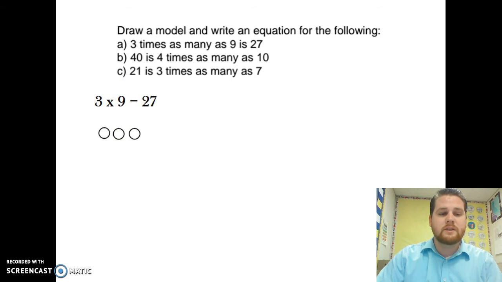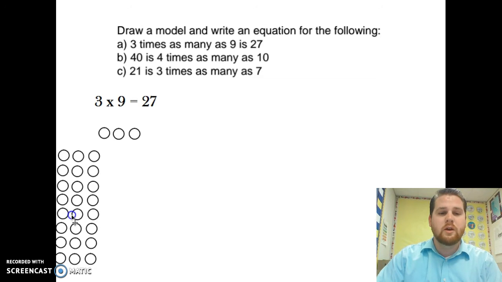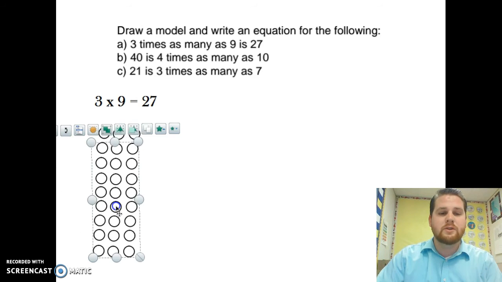I have already done this. It might take you a few more minutes to do, but I'm going to add 8 more rows so that in total I have 9 rows, 1, 2, 3, 4, 5, 6, 7, 8, 9, with 3 in each row. And if I counted all of these circles up, if I counted them by 1s or by 3s, I would get to 27.